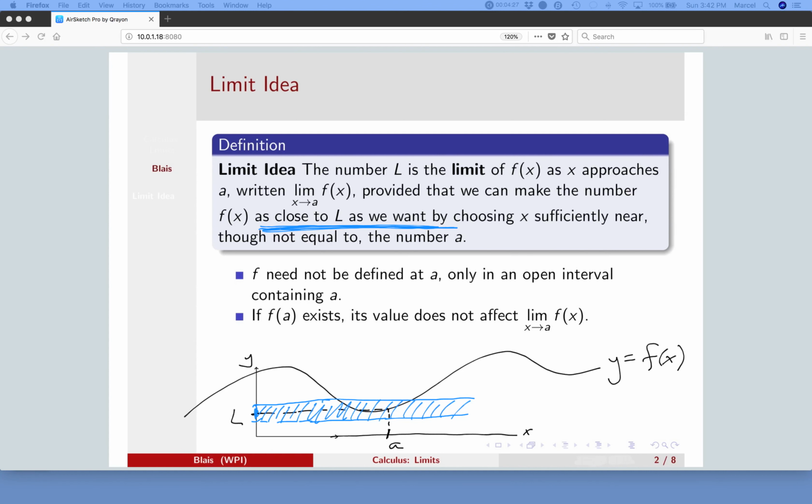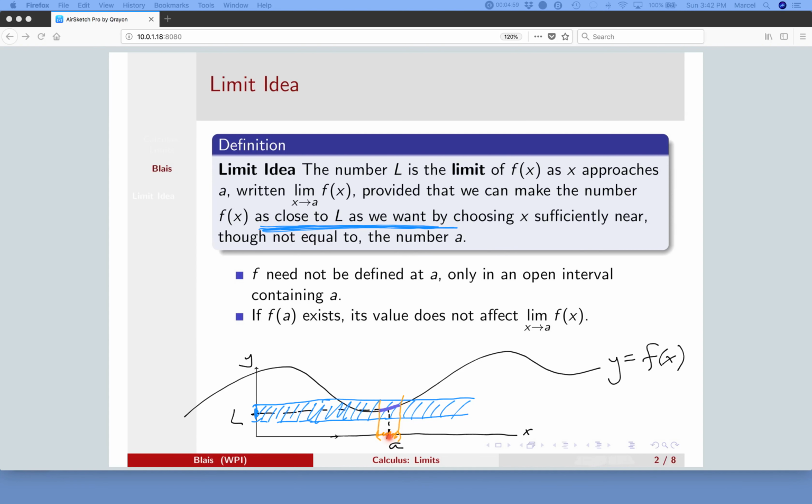So suppose now we say, okay, as long as you stay in here, we can see that the function in this orange band always lies within the blue band.